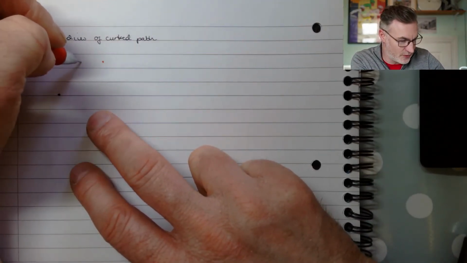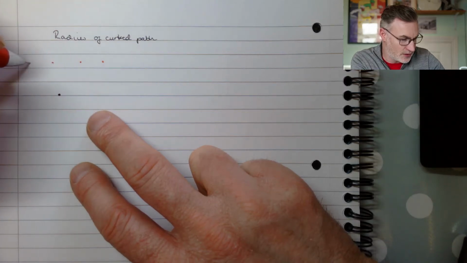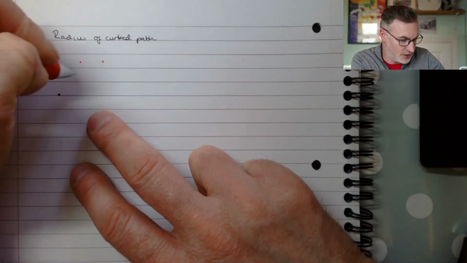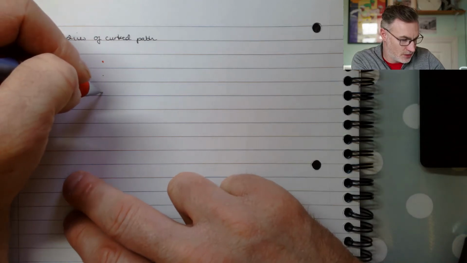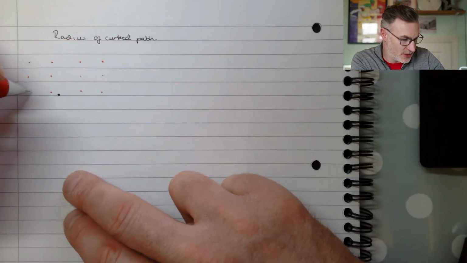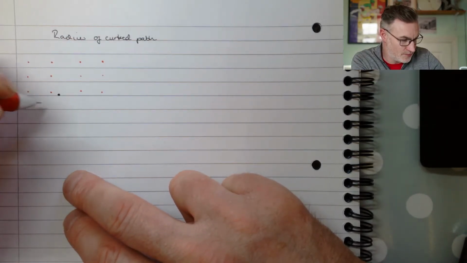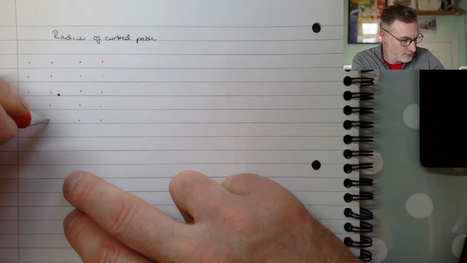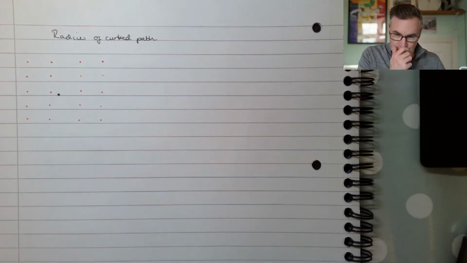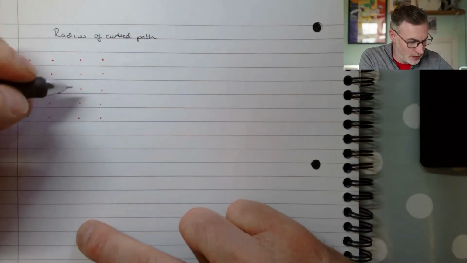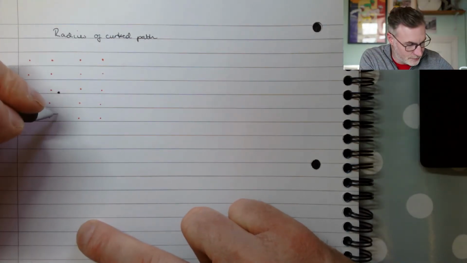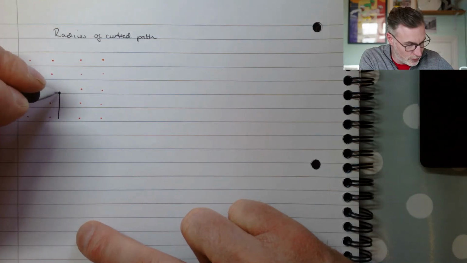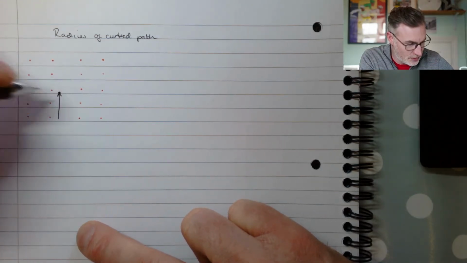So if we have our magnetic field that is coming out of the page, we're going to represent this by a series of dots. That should do. And our proton is moving in this direction.